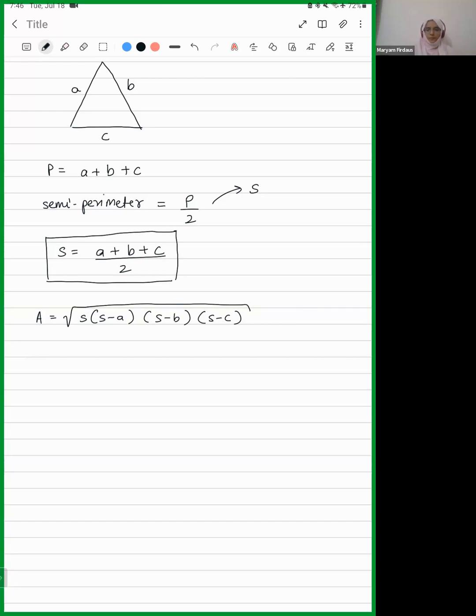Let's try to do some questions based on this formula. Let's say you have a triangle whose sides are 24 meters, 32 meters, and 40 meters.